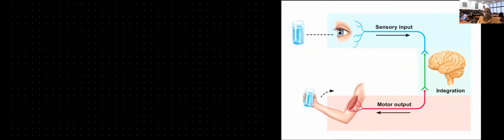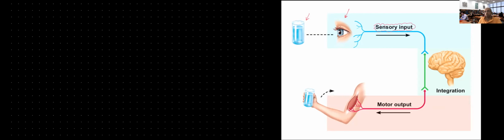So I've seen a cup of water. This is the stimulus. I am able to detect that there is a change in the environment, that there is a cup of water present, by the photoreceptors in my eye. Those are the receptors, and they are going to be sending out sensory input to my brain.